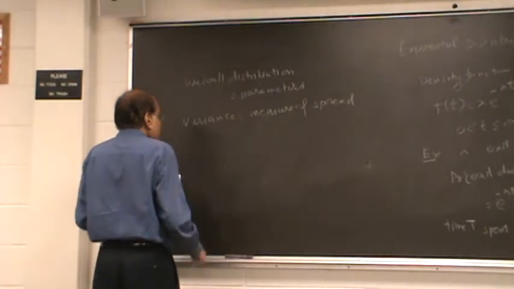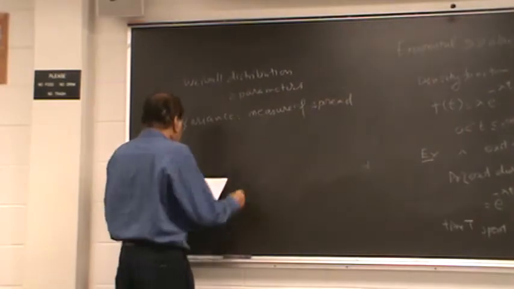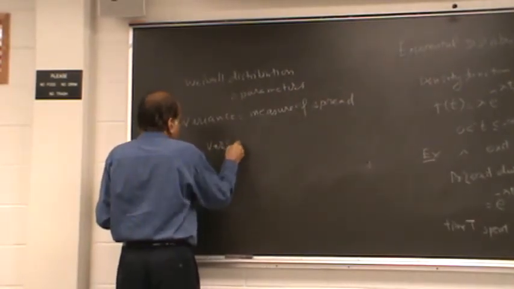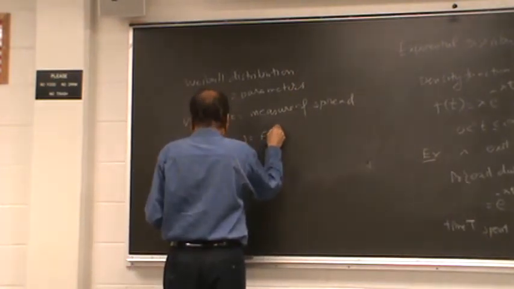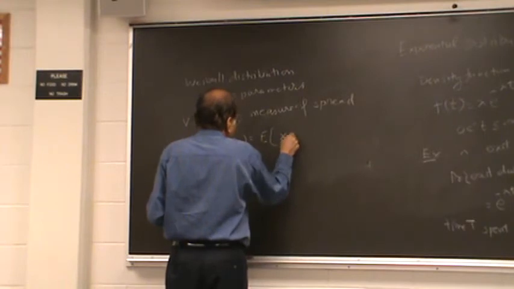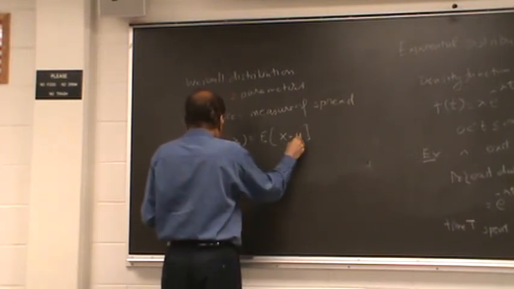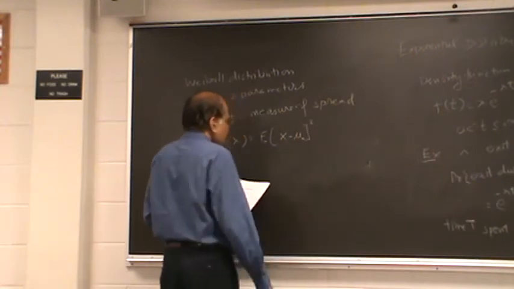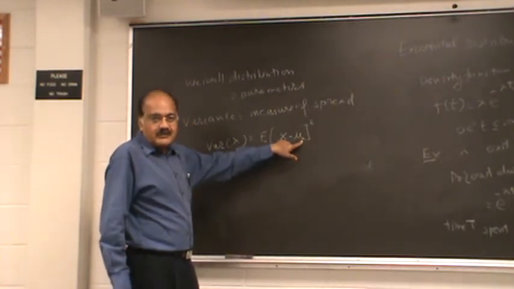Okay, so let's look at variance. So it is a measure of spread, as you know, and here's the definition. Variance for a random variable is given as the expected value of the random variable minus its mean, squared. Sometimes you put a subscript for mean.